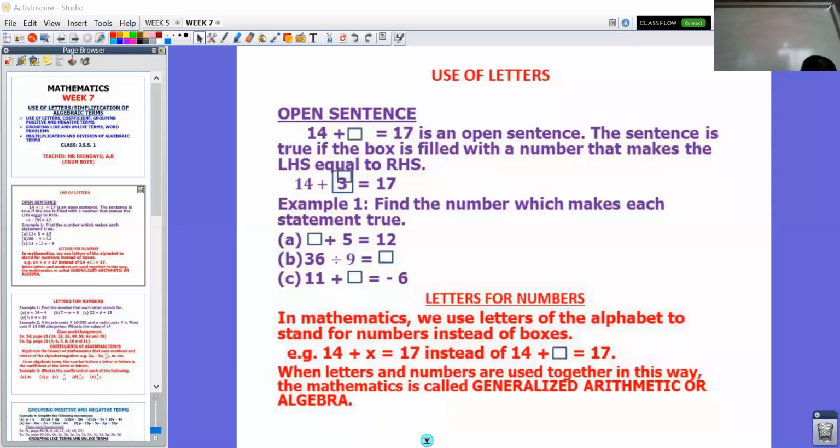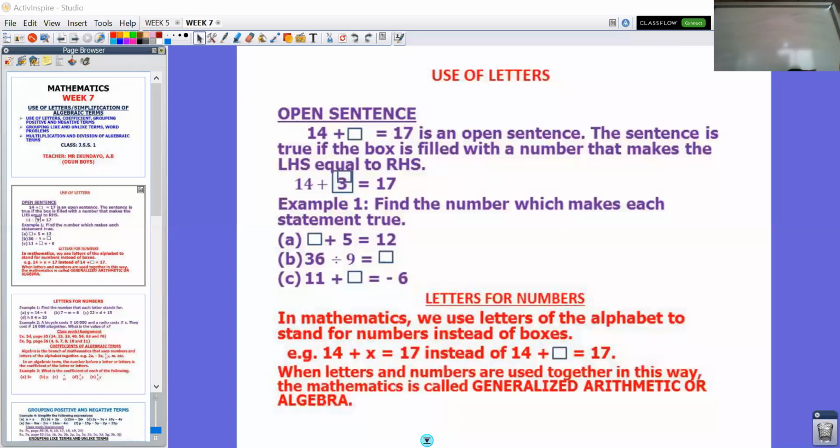Letters or numbers. Now, in mathematics, we use letters of the alphabet to stand for numbers instead of the boxes. Look at this first example where you have 14 plus box equals 17. Instead of putting the box, we can use a letter. You can use letter X, Y, or Z, any letter.